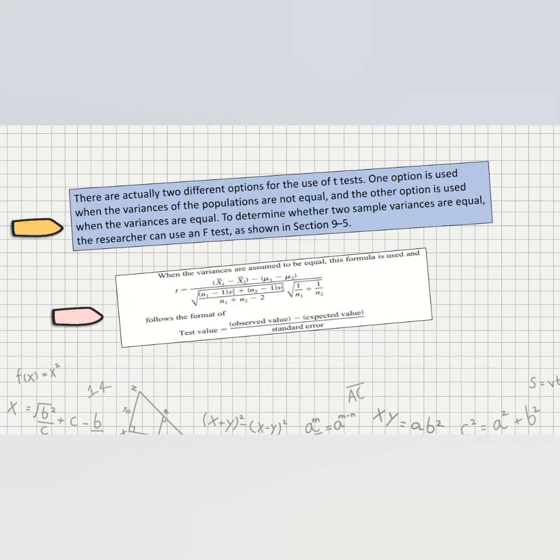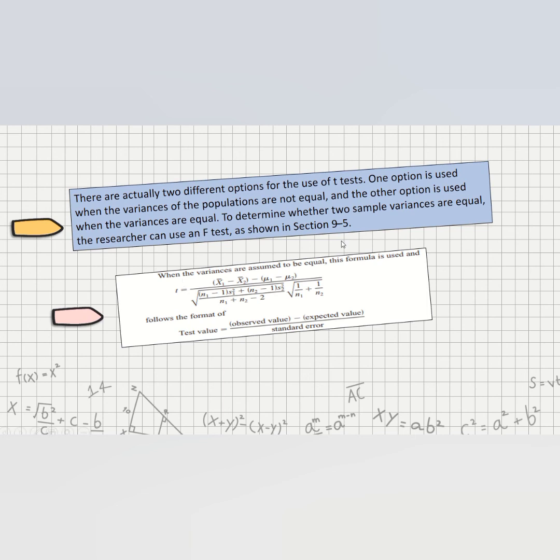There are actually two different options for the use of the t-test. Option 1 is used when the variances of the populations are not equal, and the other option is used when the variances are equal. To determine whether two sample variances are equal, the researcher can use an F-test, as shown in Section 9-5.